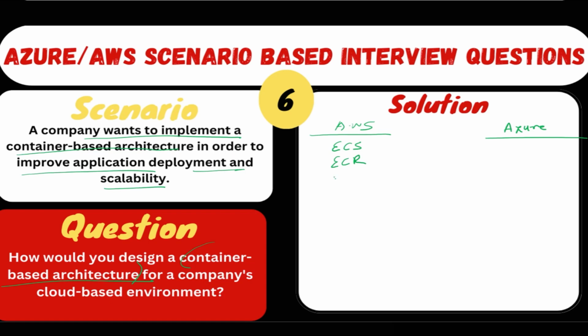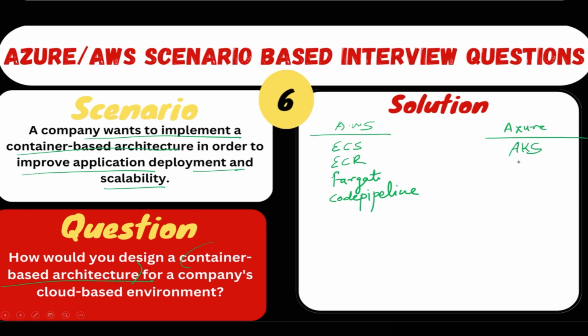In this case, you need to understand the container, the container runtime, and the container orchestration tools like Kubernetes. So Kubernetes is a core component, but we have managed services in all the clouds, either AWS, Azure, GCP, or OCI.